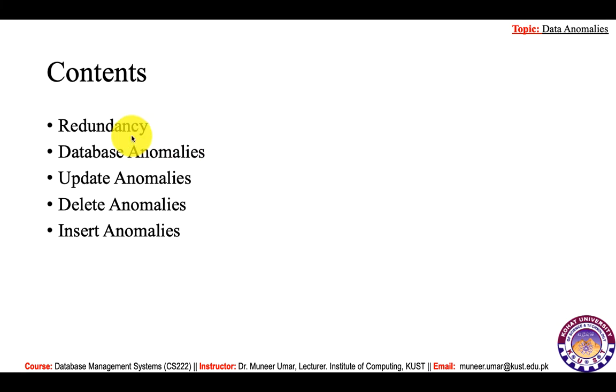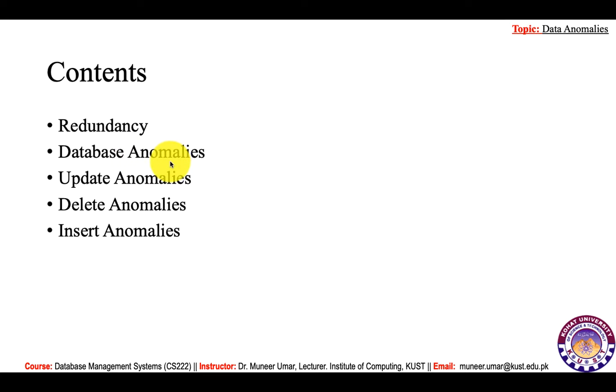First, we will study about redundancy. By redundancy, we mean the repetition of data in a database. This could be in a single table or in multiple tables. Then we have the definition of database anomalies or data anomalies. Actually, by anomalies, we mean the abnormalities of data inside a database.